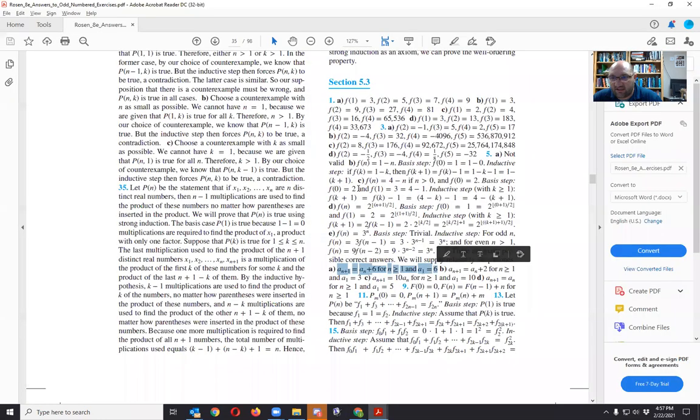So let's see if that's what they have. So it's 2 plus a sub n, and a sub 1 equals 3. So it's a sub n plus 2. Yeah, I was a little bit off.